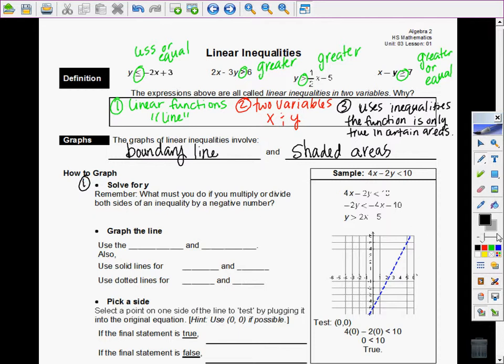The reason why you solve for y is because if you multiply or divide both sides of an inequality by a negative number, does anyone remember what happens? It changes the sign of the inequality.